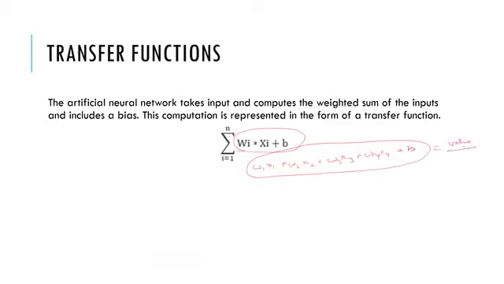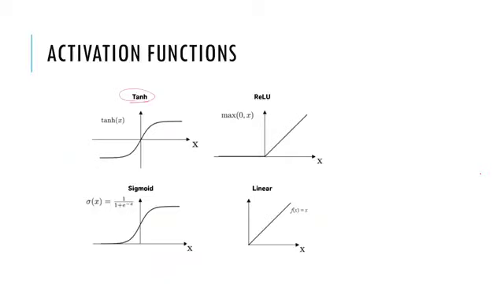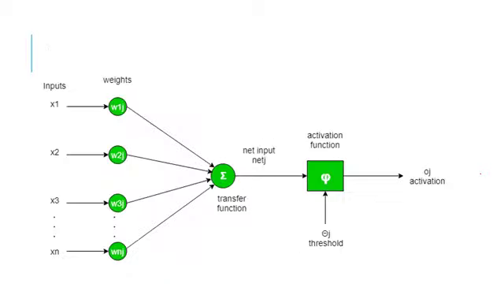Is that value directly passed to the subsequent layer? No. On that value, some transformations are done through the activation functions. What are those? We have tanh, ReLU, sigmoid, and linear.